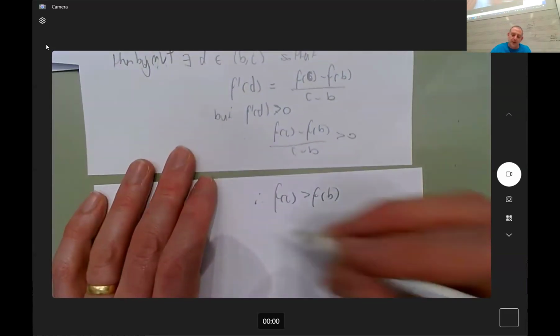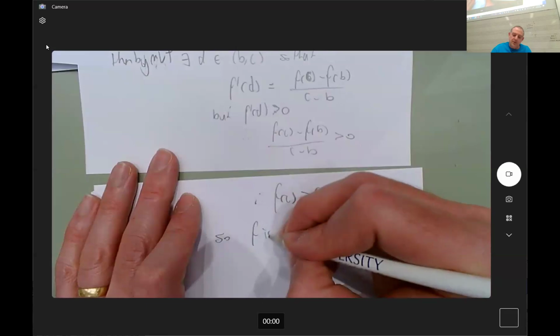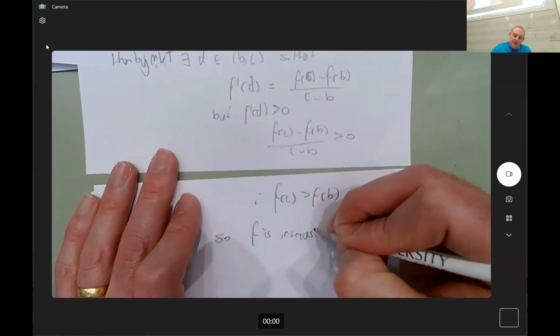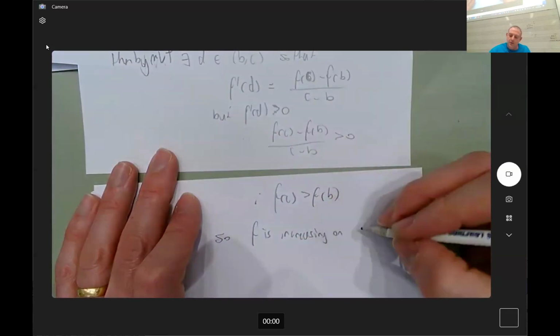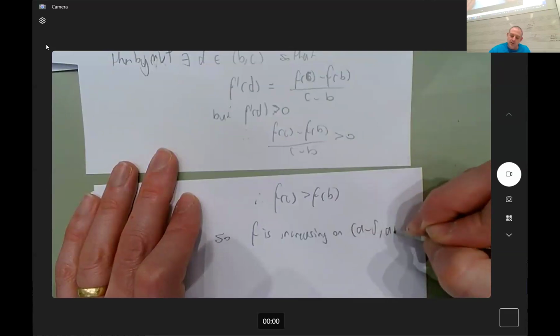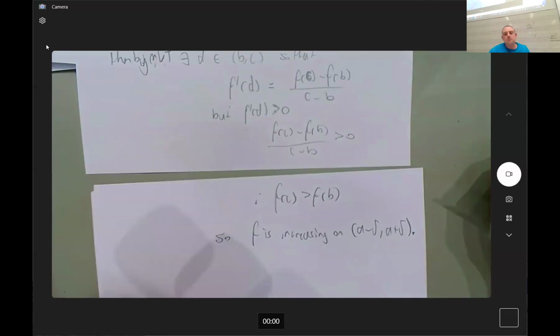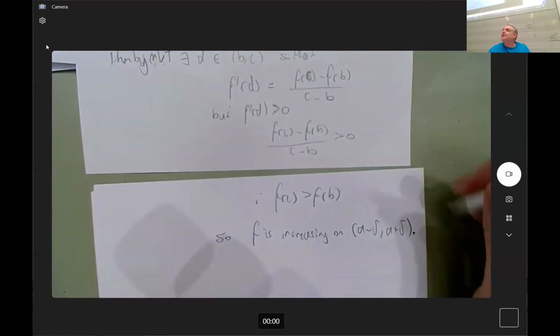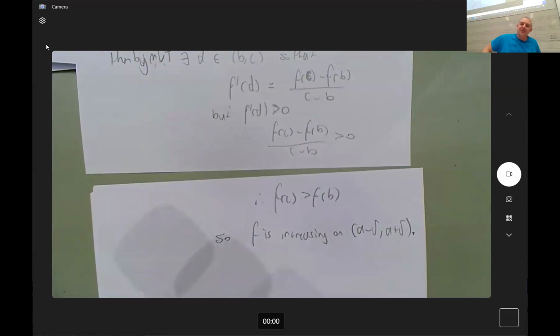And so f is increasing on the interval A minus delta, A plus delta, which is an interval that contains A. So we can do it if it's continuously differentiable, and it's much, much easier.